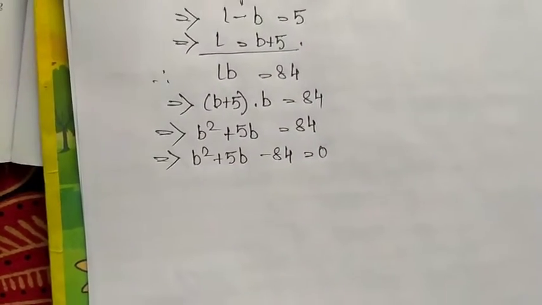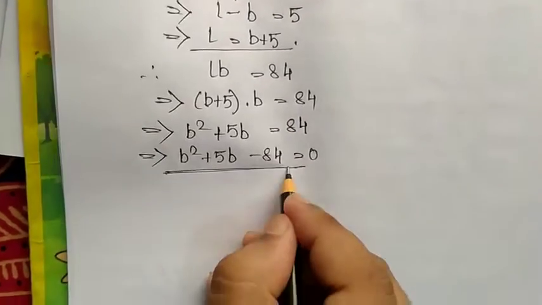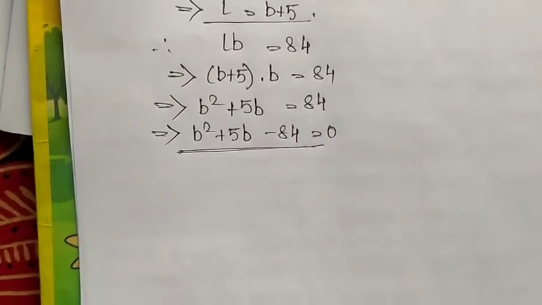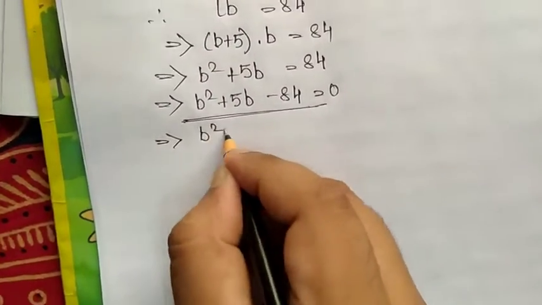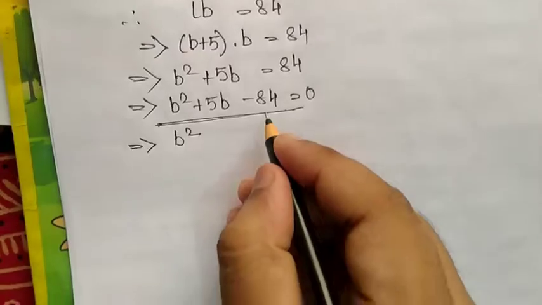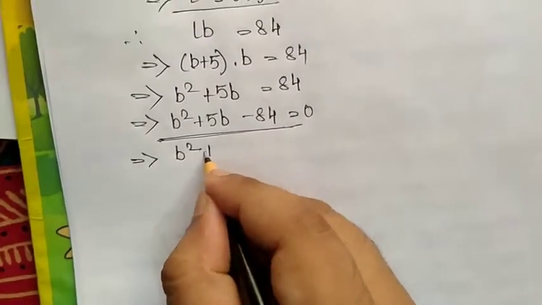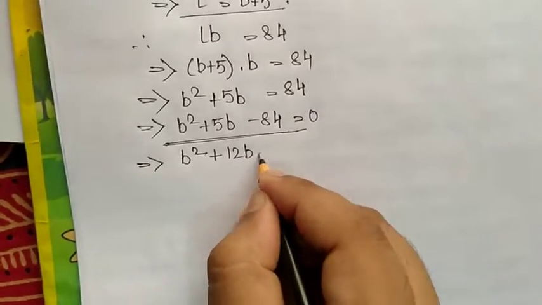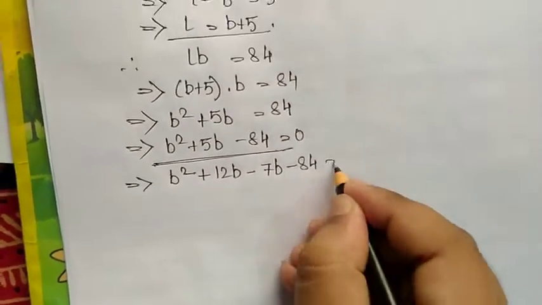Now we have to solve this using the middle term factor. Here the middle term factors are 12 and 7. 12 into 7 equal to 84. So plus 5b means 12b minus 7b minus 84 equal to 0.